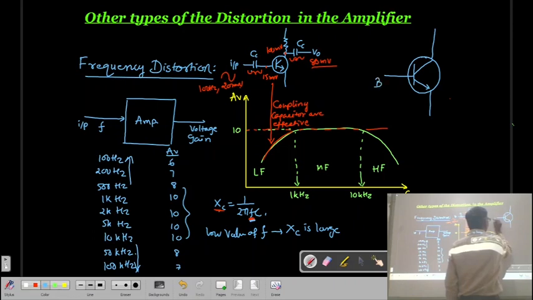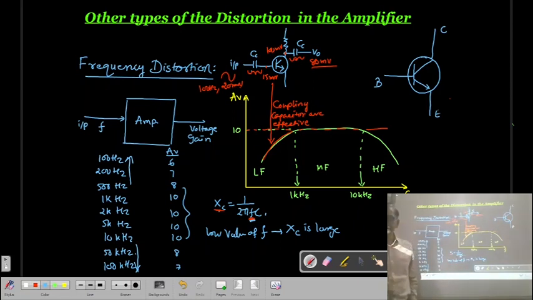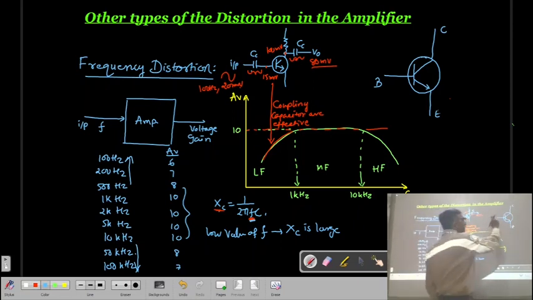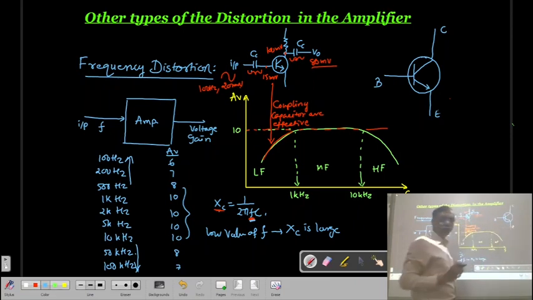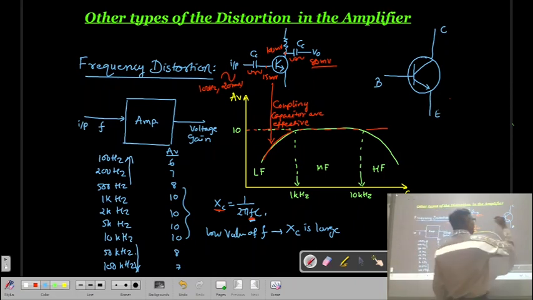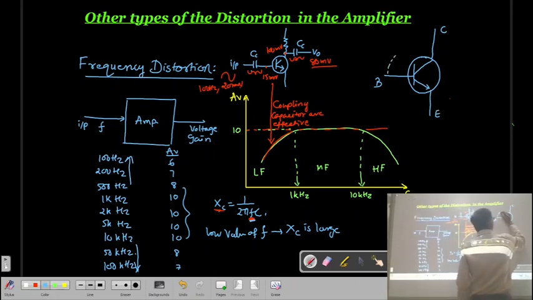Now, in the transistor, you know that there are base, collector, and emitter, and there are two PN junctions. One PN junction is between the base and collector. Another PN junction is between the base and emitter. So this PN junction also behaves like a capacitor.